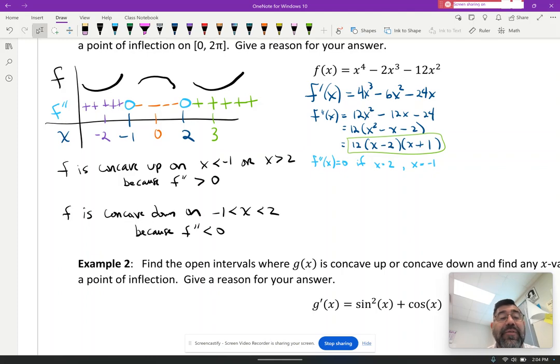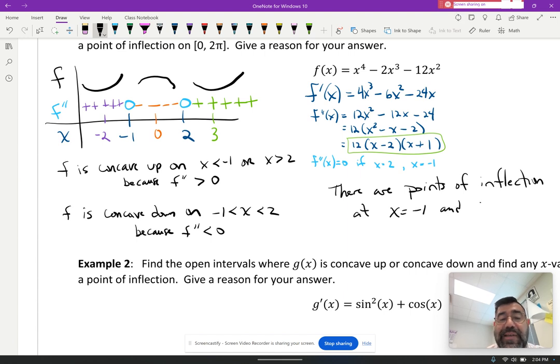But now, are there any points of inflection? Well, yes. There are points of inflection at x equals -1 and x equals 2 because the second derivative changes signs at those points.